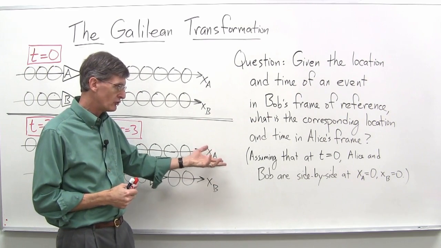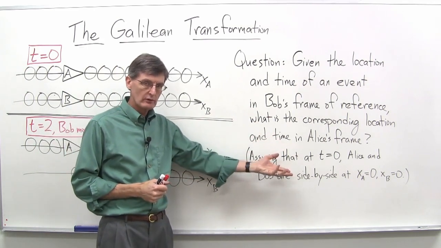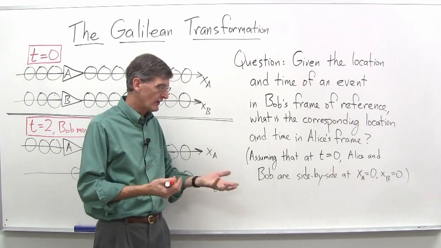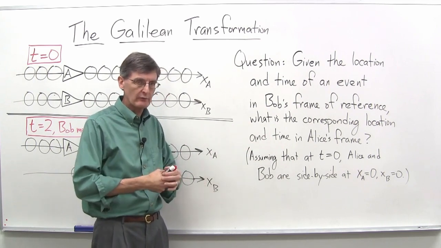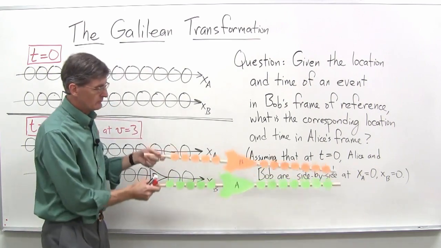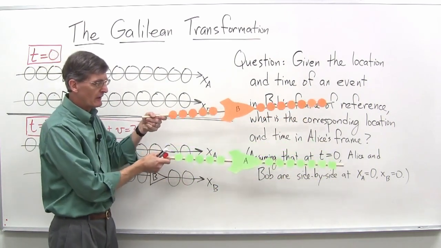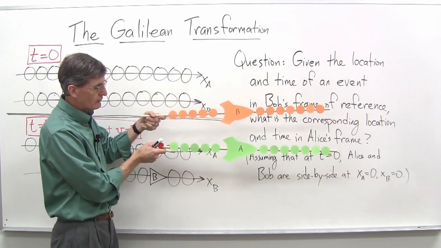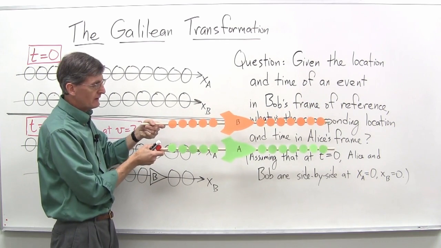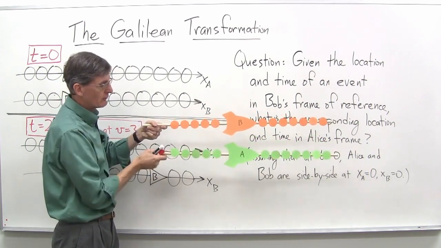And we're assuming here, as usual, that at t equals 0, our time origin, Alice and Bob are side by side, xa equals 0, xb equals 0. So that when we start the clocks, they're side by side, going back to our, we'll put Bob in at the top this time, Alice here. And so as they're moving, perhaps with respect to each other, maybe this time Alice is moving forward.